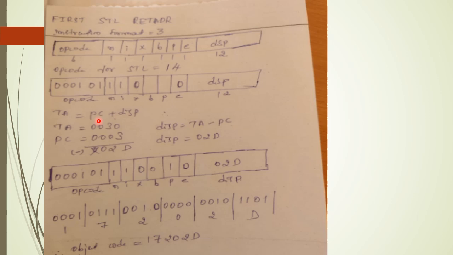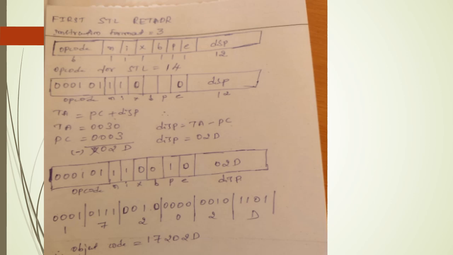The address of the next instruction to be executed. By looking at the program, we will get the value of PC and also the address of an operand. Once you calculate the location counter value for all the instructions, the address and the PC value can be obtained easily. Then the only thing we need to calculate is the displacement value.